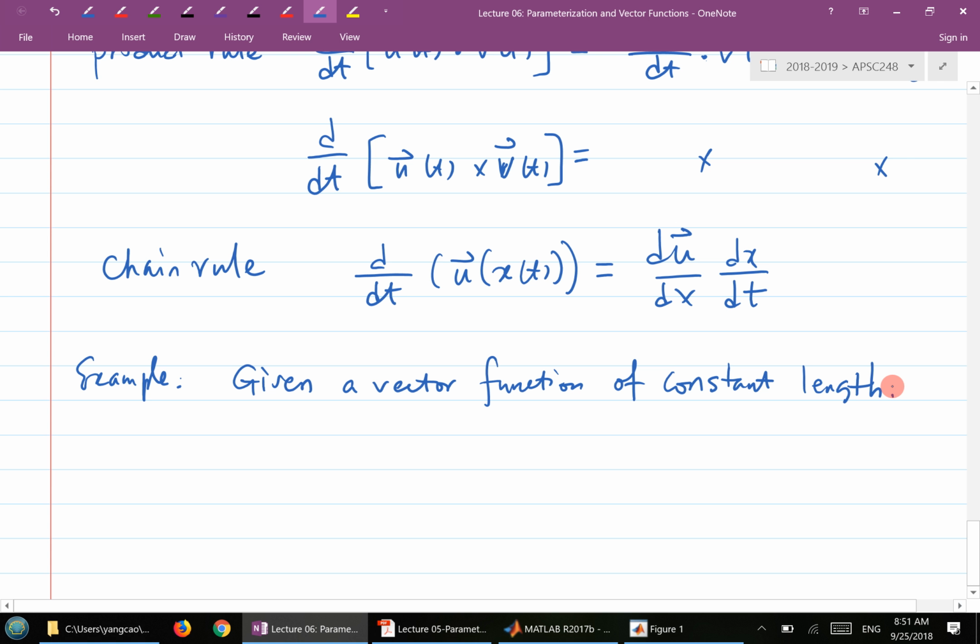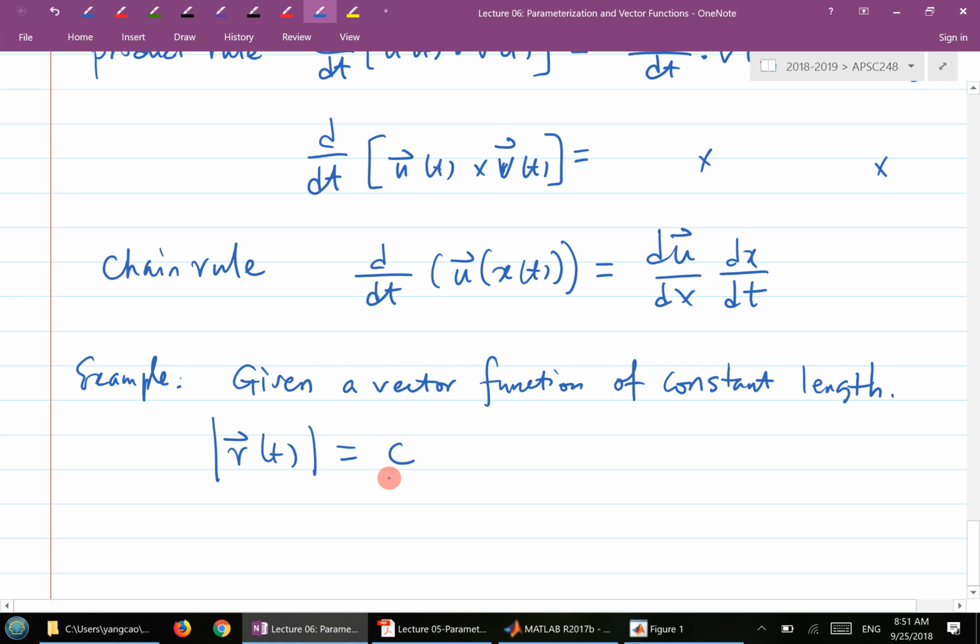It's a vector of constant length, and the direction I don't care about. If this vector is r of t, then its length is a constant. It may point in different directions, but at every different t, it's always the same magnitude, the same length.